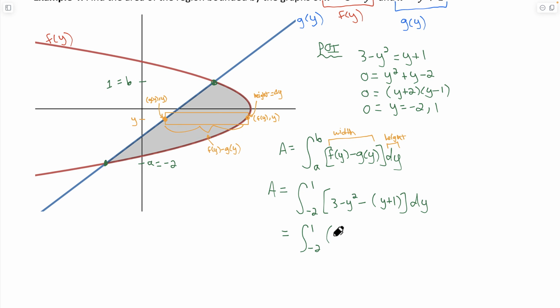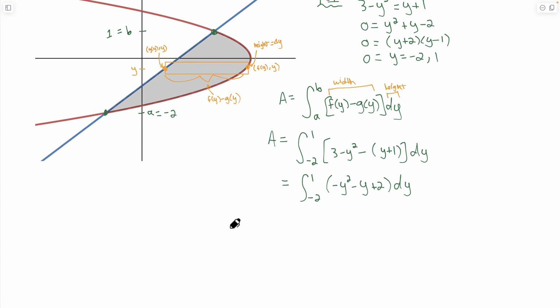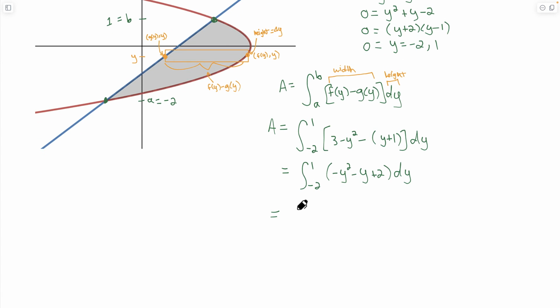If I simplify this, I've got negative y squared minus y plus 2. And now I need to find the antiderivative of that integrand. That would be negative y cubed over 3 minus y squared over 2 plus 2y. And we want this at y values of negative 2 and 1.